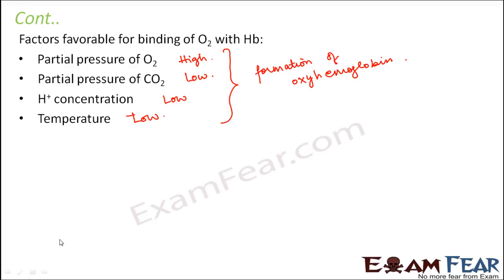That means the opposite conditions would favor the dissociation of oxyhemoglobin. If the partial pressure of oxygen is low and the partial pressure of carbon dioxide is high, this will cause dissociation of oxyhemoglobin.